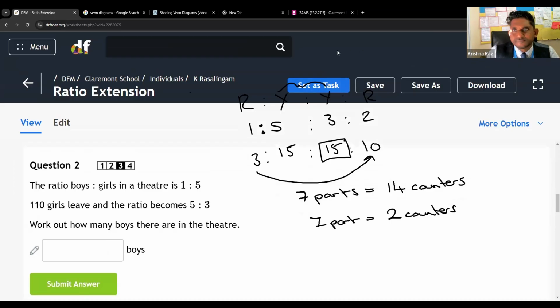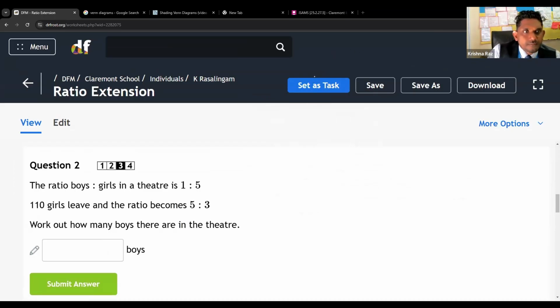Same logic. So we can do boys to girls, or girls to boys. We can do boys to girls to boy, or girls to boys to girl.